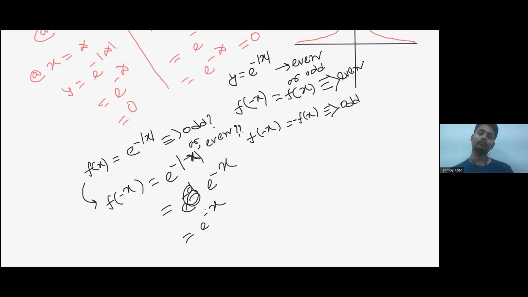If you take minus, it will become positive, and in case of positive as well it will obviously become the same. So here it is coming out as f of x, and f of minus x is equal to f of x. Then this function is an even function.